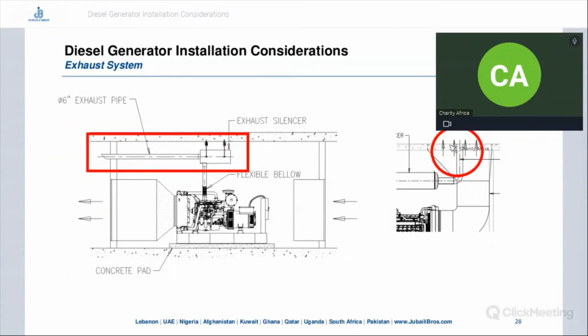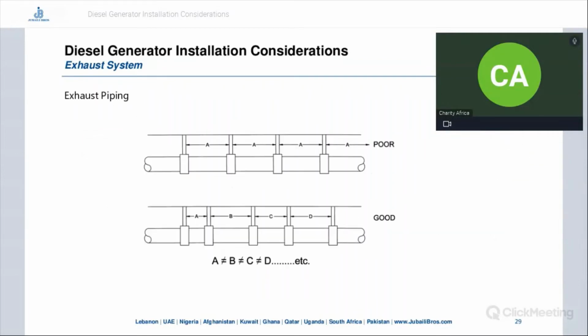In some cases, the exhaust piping is vertical. In that kind of installation, a flap should be installed at the top of the exhaust pipe to avoid any rain ingress, or route the exhaust pipe 90 degrees horizontal so as to avoid any air ingress.